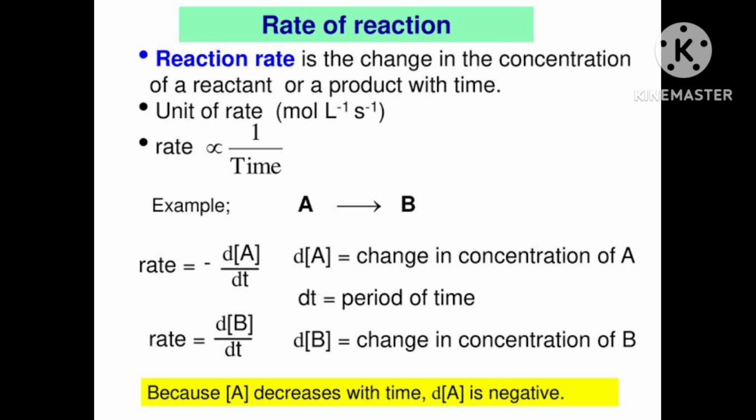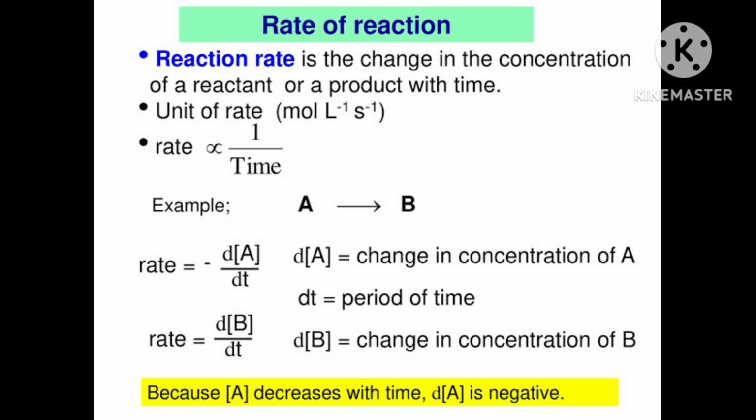Rate of a reaction depends upon the experimental condition. Keep in mind, the rate of a chemical reaction at a given temperature, as already told, depends upon concentration. And I am also telling you, rate of reaction depends upon experimental condition.